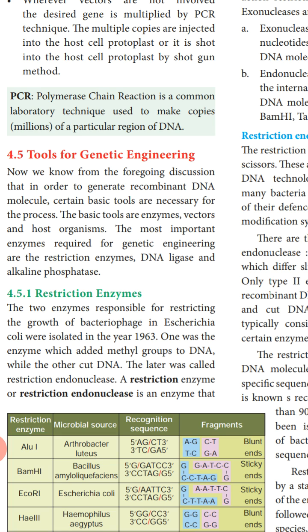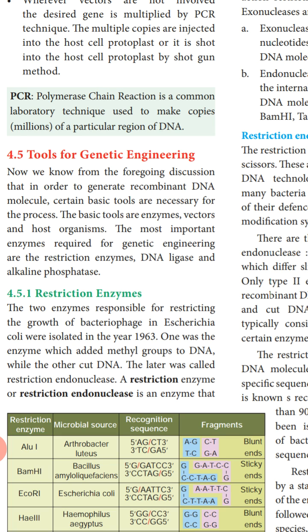The three basic tools required are some enzymes, a suitable vector, and a suitable host organism where we can multiply it. The most important enzymes required are the restriction enzymes, DNA ligase and alkaline phosphatase.